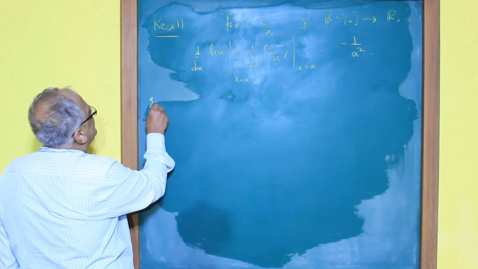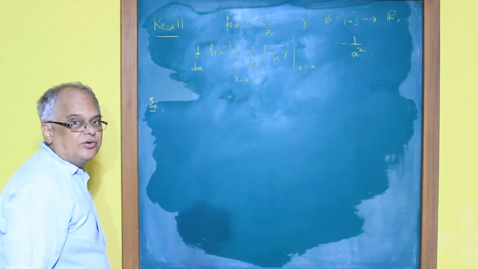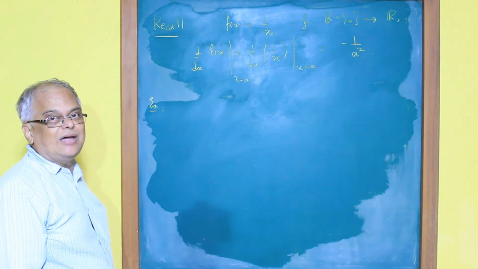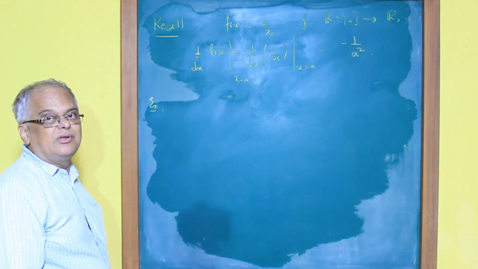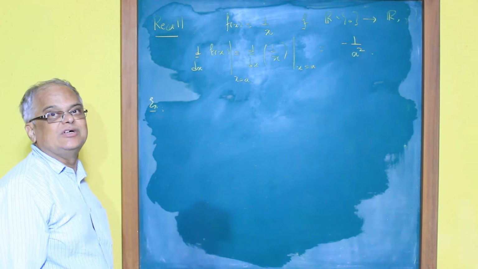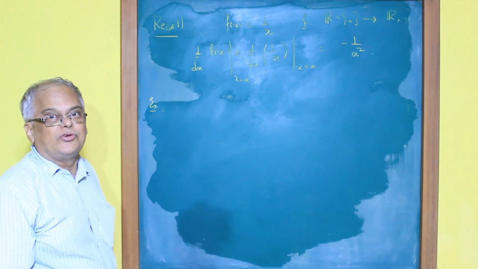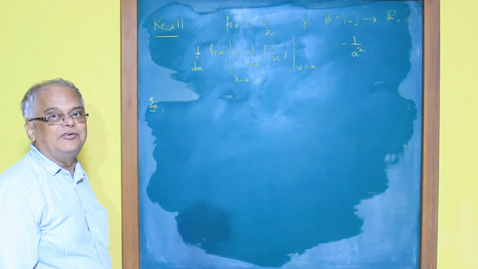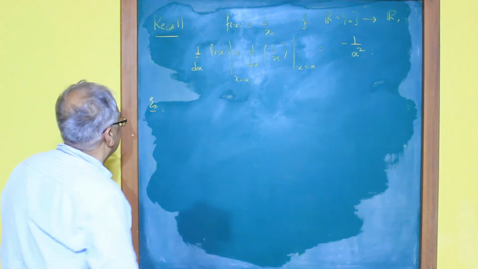So what is the exercise? I want to see what this means for matrices. So again, I must talk about matrices for which the inverse exists. So I look for all those n by n matrices whose inverse exists.